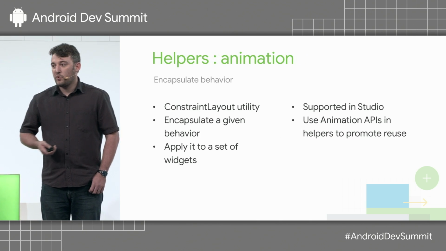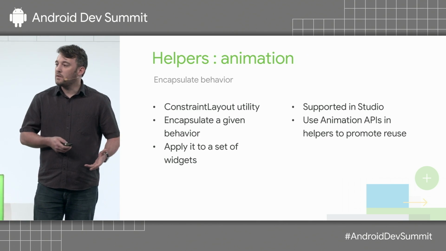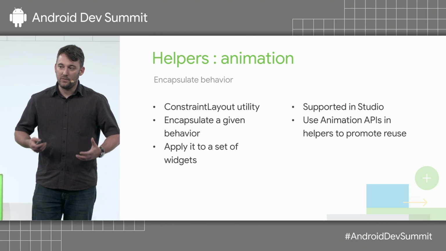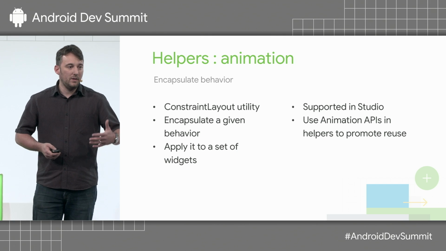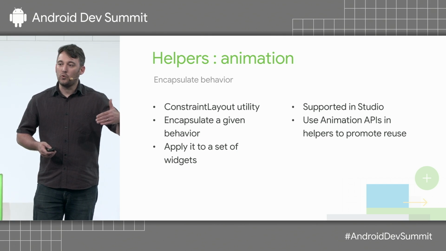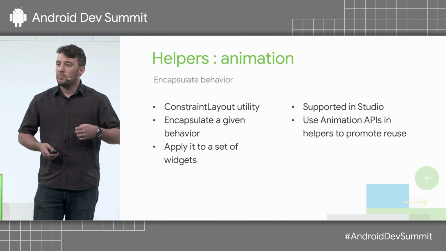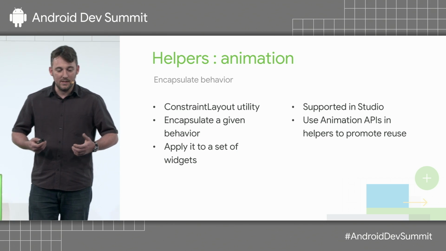In fact, helpers are something you've been using if you've used ConstraintLayout before. That's what we use for guidelines, for barriers, tools that are not really part of your view hierarchy in the sense that they don't show up on screen, but are there to help you create those layouts, basically bringing additional concepts to make it easier.